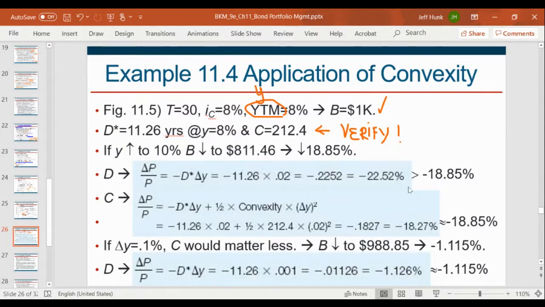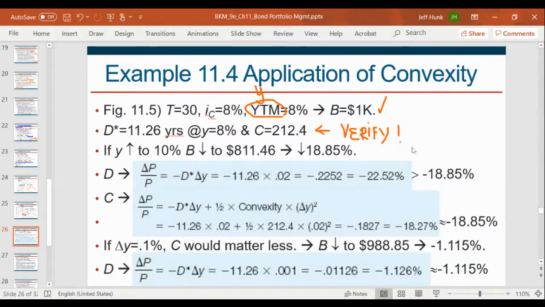By duration, the price change is overstated, because when the bond price goes down to 811.46 from 1,000, you can easily calculate how much it went down. 1,000 minus 811 is 188.